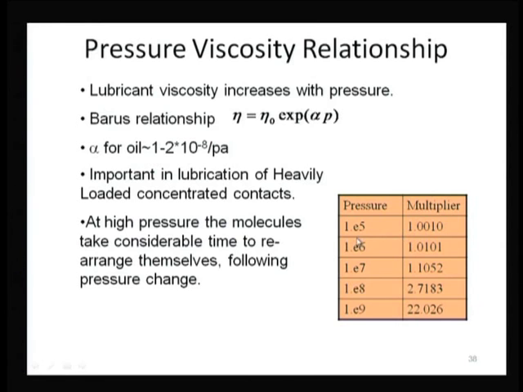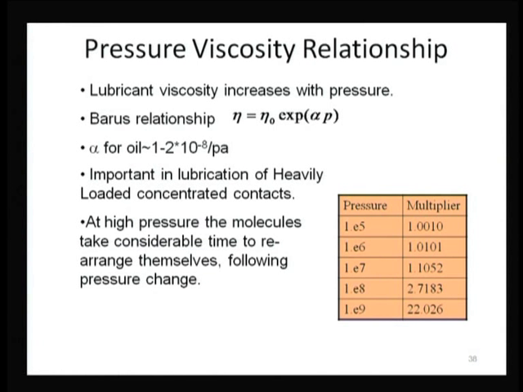That is, the multiplication factor is 1.001, which is negligible, comparable to 1. Now, we increase the pressure by 10 times. Instead of atmospheric pressure, we increase the pressure to 10 times, that is almost 1 megapascal.